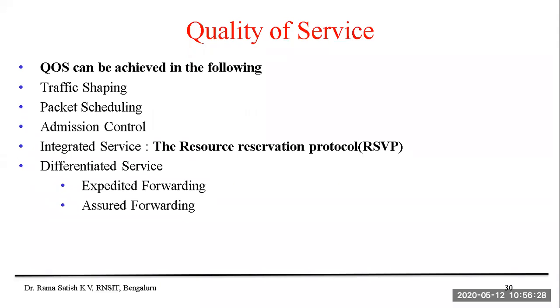So how do you achieve quality of service? One way is traffic shaping. Some set of traffic should go this way, some traffic in another road, another link, and you have a very beautiful plan of maintaining the traffic.